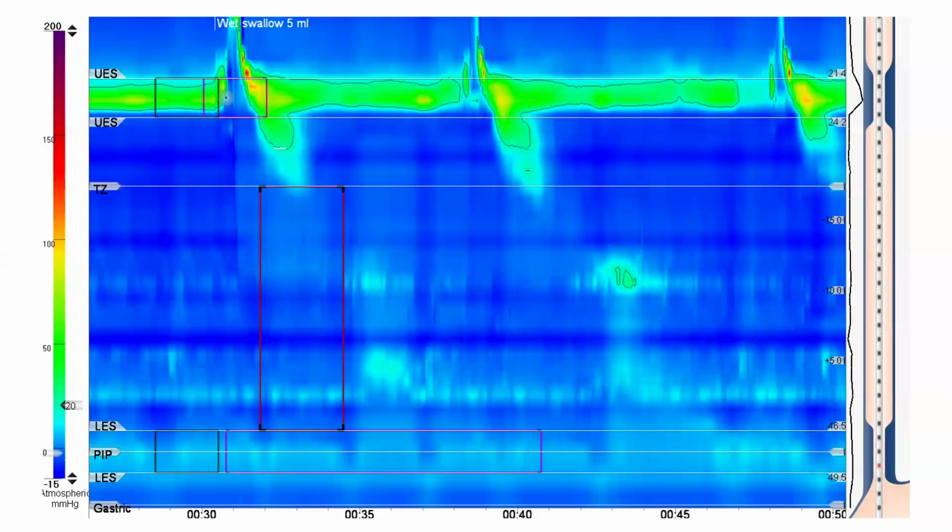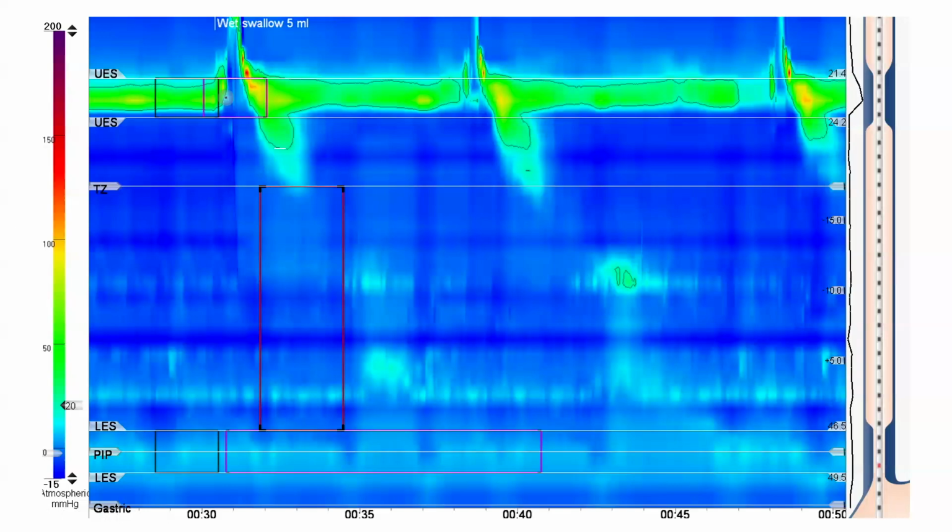Yes. So I always try to circle around to the patients, and I know the Chicago 4 makes quite the differentiation between the two in terms of what failed peristalsis is.